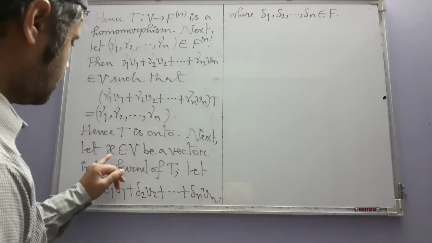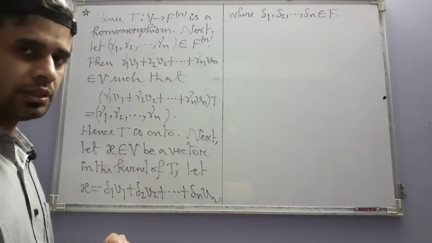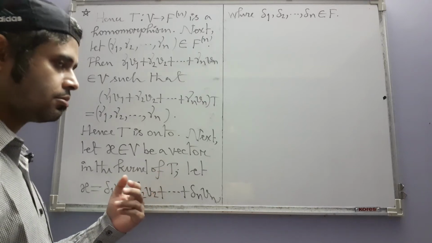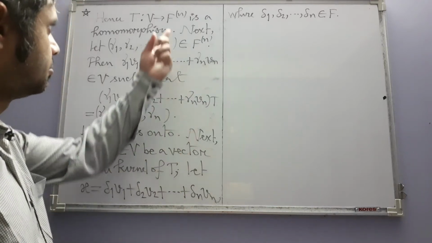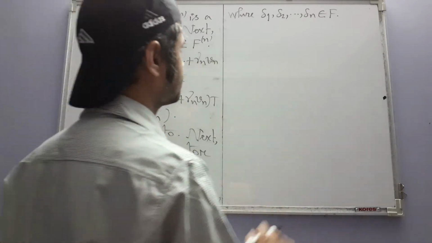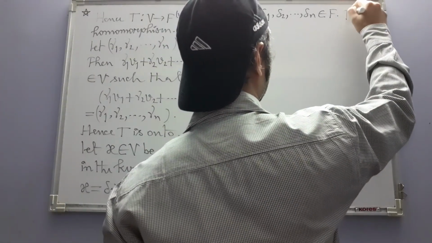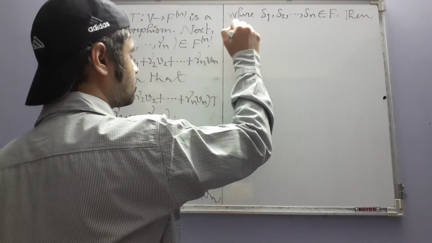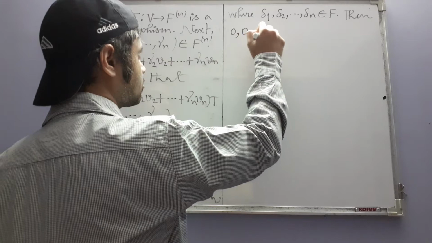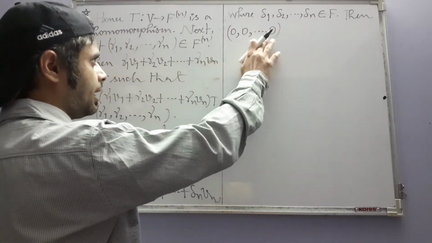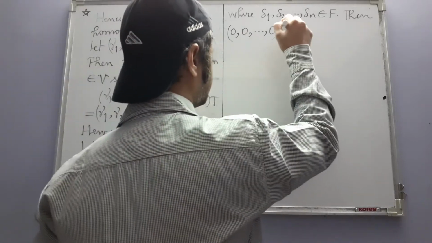Okay, now because X belongs to the kernel of T, the image of X under T will be the 0 vector, but where? Here. That means the 0 n-tuple. You should understand that we have n components here.